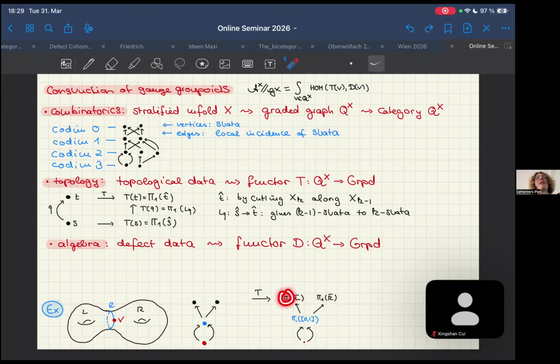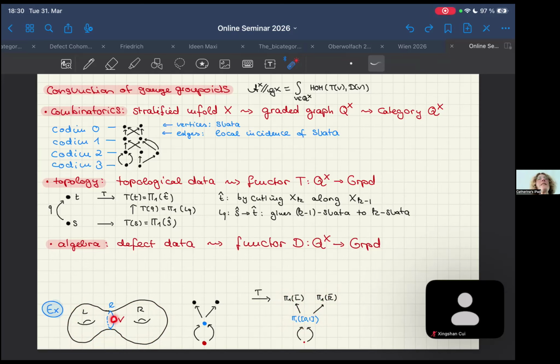And then we take the fundamental groupoids. Okay, but what about the space of the edge? Well, I have to cut the 1-skeleton here along the 0-skeleton. So I cut the edge at the vertex and I obtain a closed interval. So the stratum itself would be an open interval and the closure of the stratum would be a circle. That's not what we are doing.